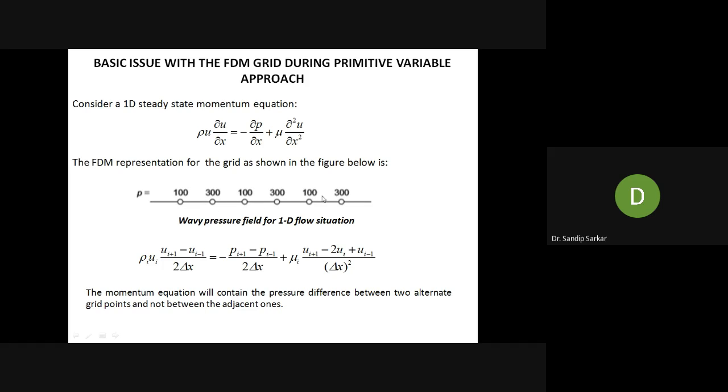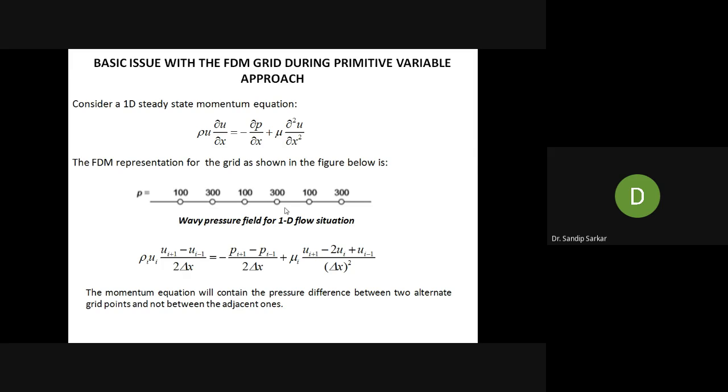It will be automatically zero, because the pressure grid points are alternate grid points, i plus 1 and i minus 1. So del p del x will be zero. It means your fluid flow is happening without any pressure gradient. This is bringing an inconsistency in the numerical scheme, and you will be getting a completely wrong solution.